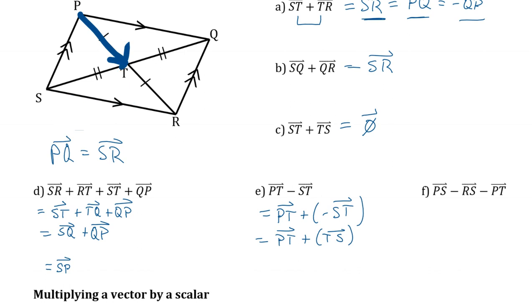So PT adding TS, that makes more sense. And now the resultant vector in this case is PS. So I'm adding the negative of it, but then I can actually change the negative of ST to TS, and that's how I can make more sense of subtracting vectors.